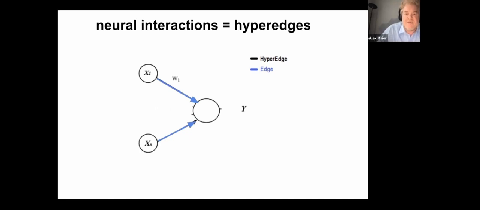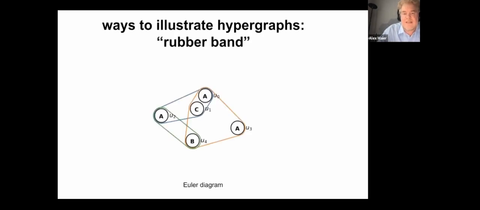So if we take this example from before, the edge would be that we're studying each of the causal effects of these neurons onto the cortical neuron in isolation. But what the Nature paper showed is there's a combined effect that we have to investigate as a hyperedge. Now, hyperedges can also be thought of or shown and graphed in different ways.